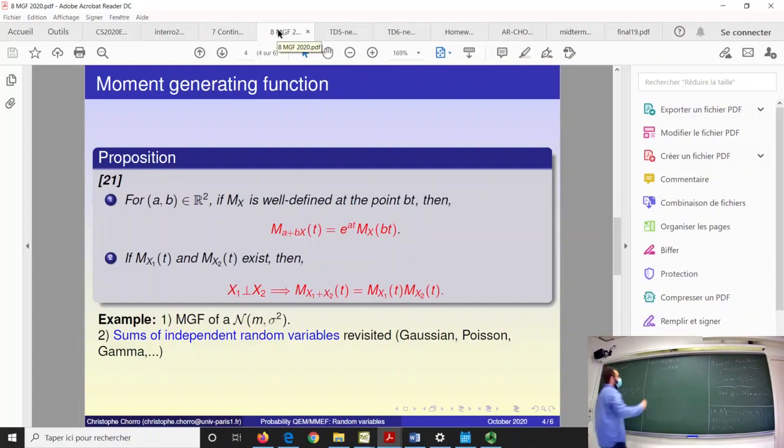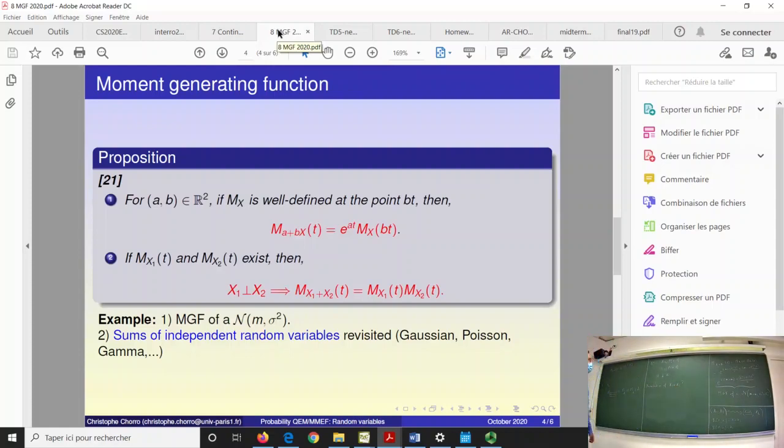They are independent. And I ask you, what is the distribution of X1 plus X2? And try to do it by yourself.